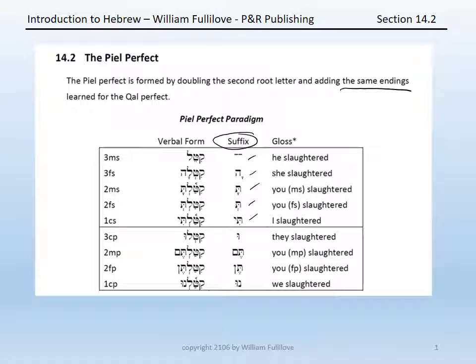The forms then of the verb would be as follows: kittel, kittela, kittalta, kittalt, kittalti, kittelu, kittaltem, kittalten, and kittalnu.